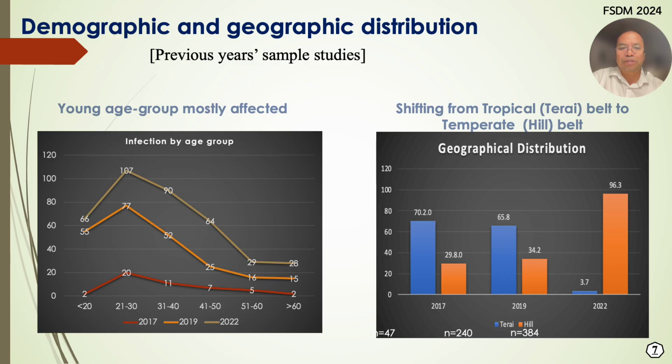The bar plot shows that in 2017 there is a high frequency of affected population in the tropical regions, and in 2022 high frequency in the temperate hill region. So it shows a shift of dengue infection from the tropical to the temperate region, mostly affecting the younger age group.